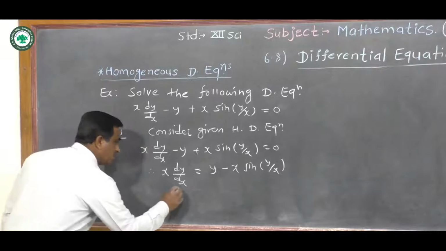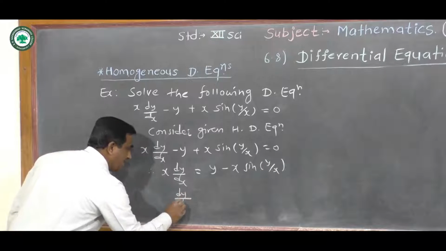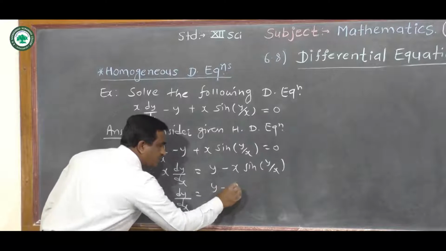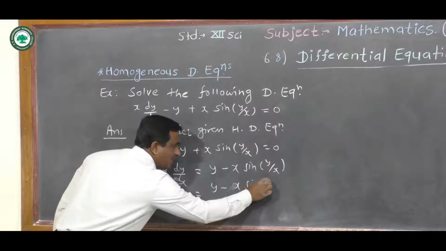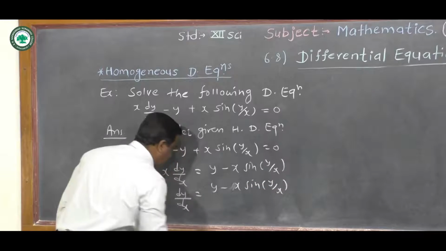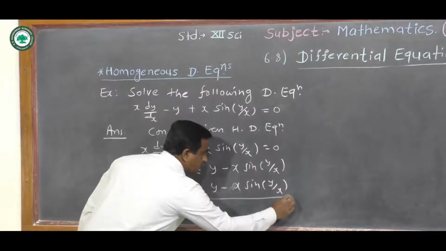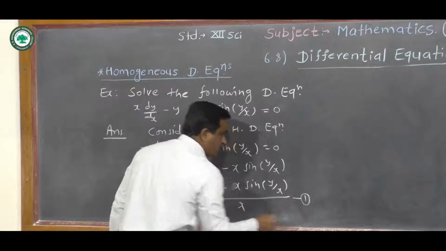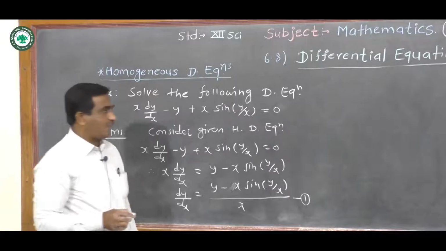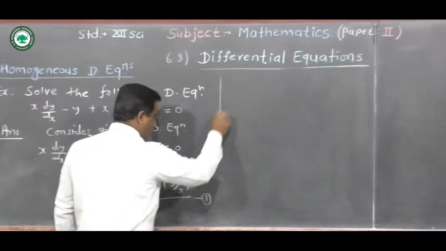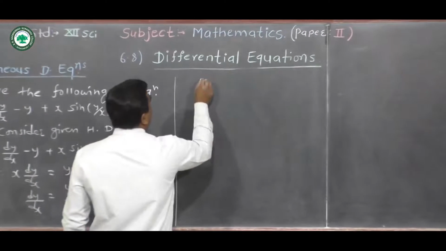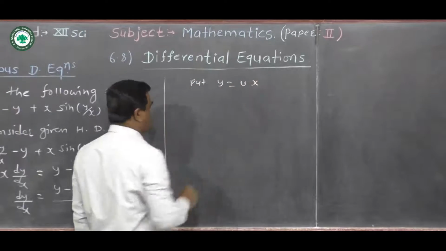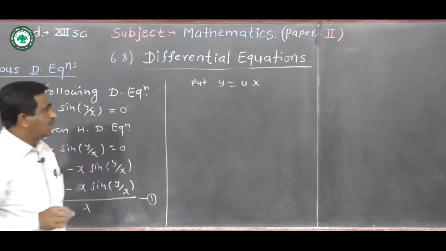That is, dy/dx is equal to (y − x sin(y/x)) upon x. Say this as equation number 1, and we can use here the substitution y equals vx. Put y equal to vx in equation 1.